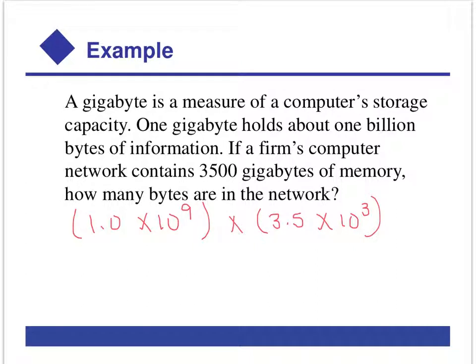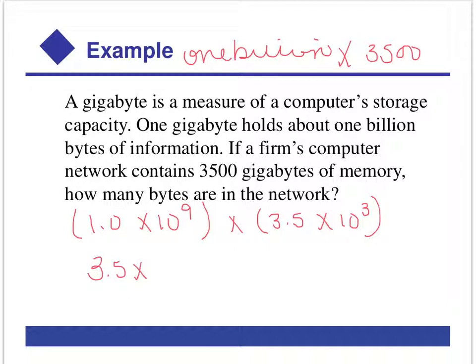Because basically what we're doing is 1 billion times 3,500, and your calculators can't do that. So you have to create it a little bit different. So 1 times 3.5 is 3.5, and then remember the like bases, so we're going to add the exponents, so you get 10 raised to the 12th power, and that's your final answer.